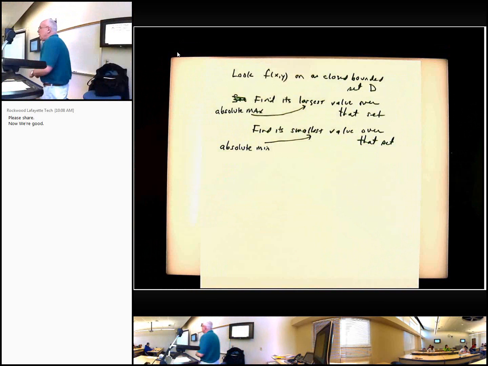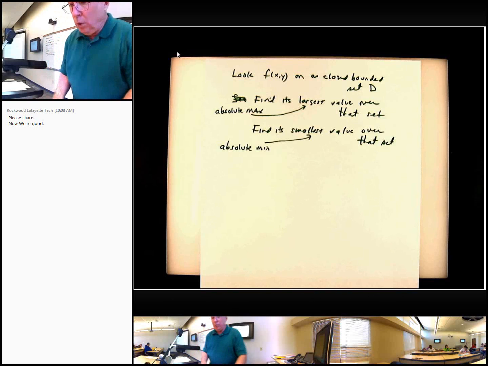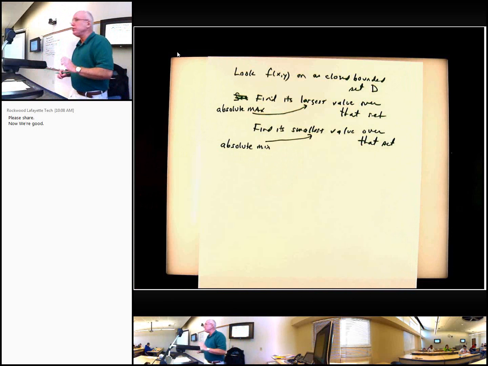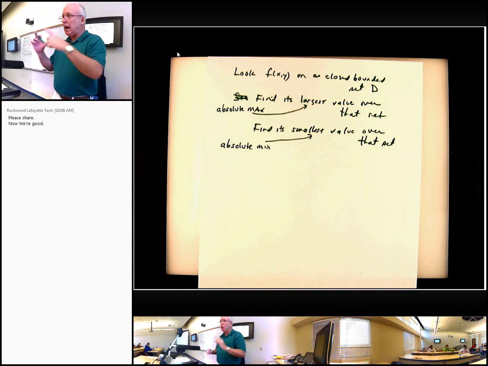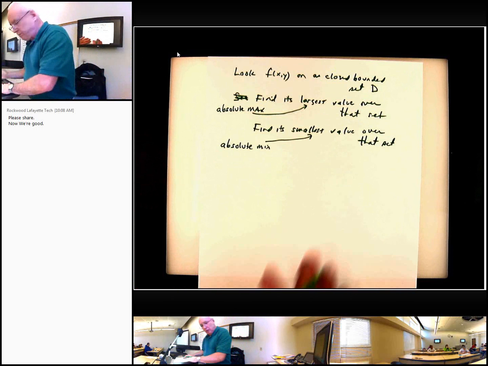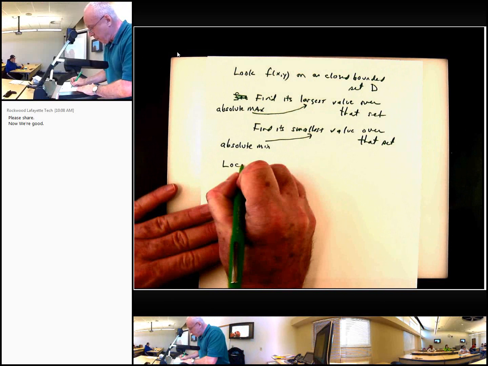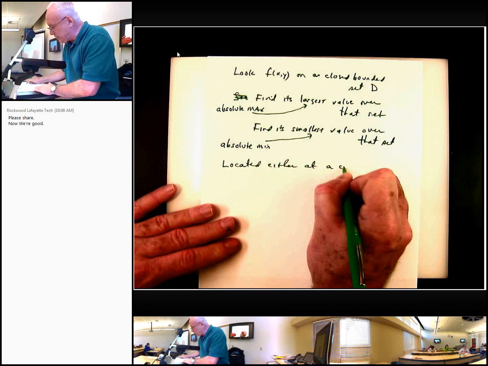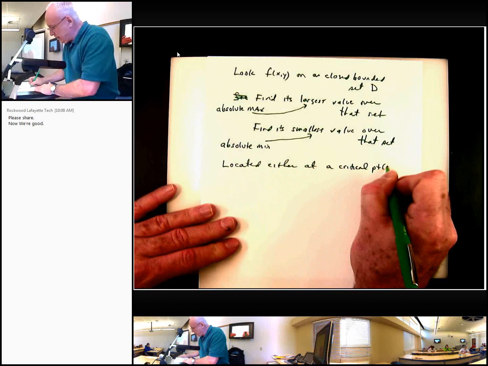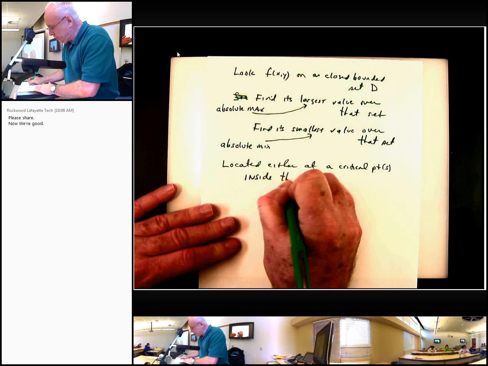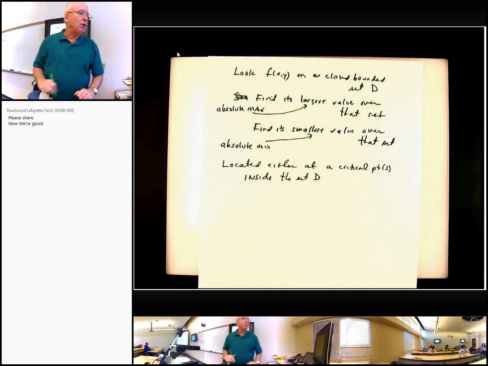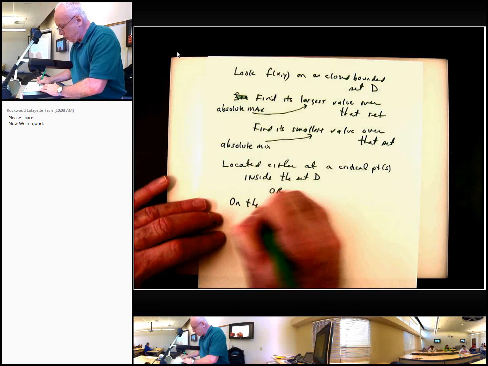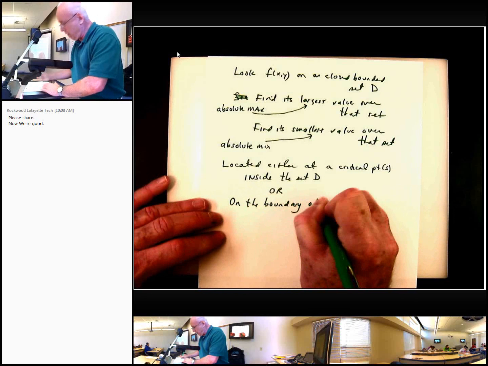Now, similar to functions of one variable, we know that we're only going to find the biggest and smallest values on just some of the points on our set D. So these are going to be located either at a critical point or critical points inside the set D. We could find them there, or on the boundary of D. All right.